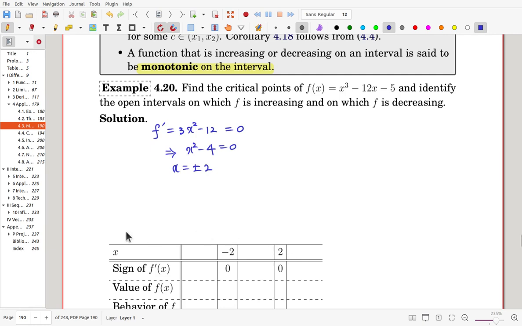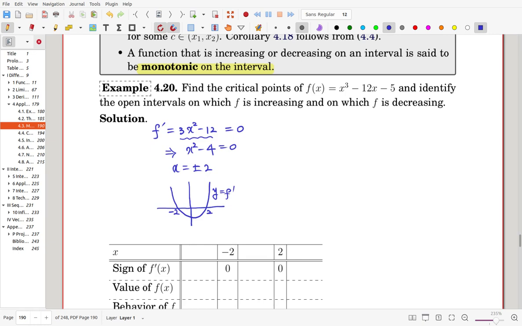So you can find the sign. Here f prime is given in this way: it goes down and goes up, with 2 and minus 2 marked. Of course, this is the graph of f prime, not f.